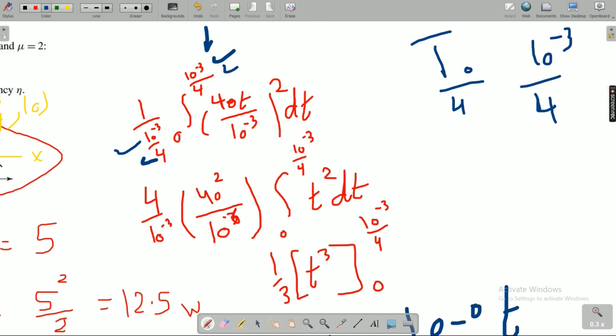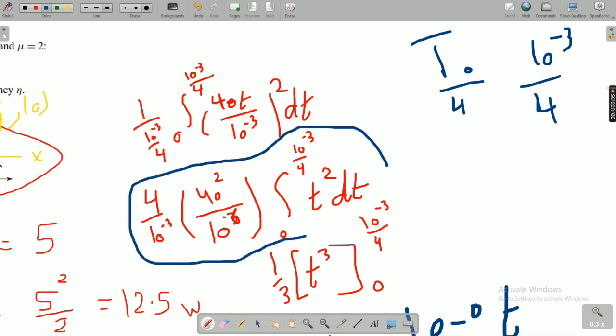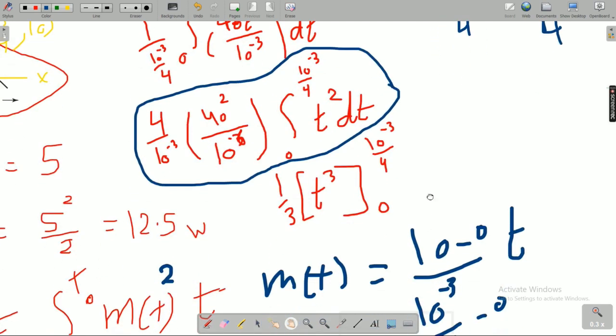I use this here and here in my part, and I will integrate on this. 1 over 10 to the power negative 3 divided by 4 is 4 over 10 to the power negative 3, and I have taken the constant part, 40 squared over 10 to the power negative 6, which equals 10 to the power negative 3 squared, and I will perform my integral here. This can be evaluated by calculator, but I'm explaining the manual part.